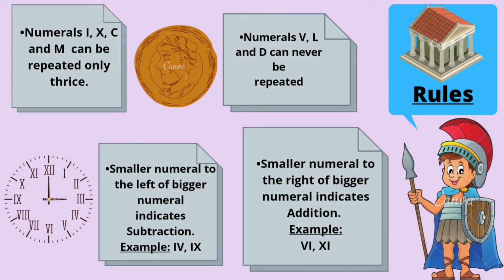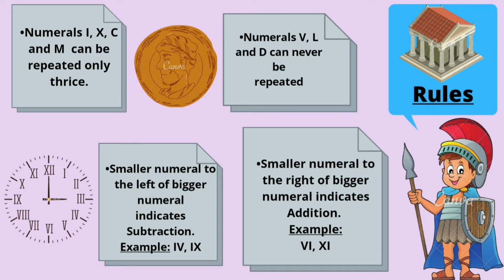Now rule 3. It says a smaller numeral, that is, a letter to the left of the bigger numeral, indicates subtraction. For example, I and V, which stands for the number 4. Here I means 1 and V means 5.